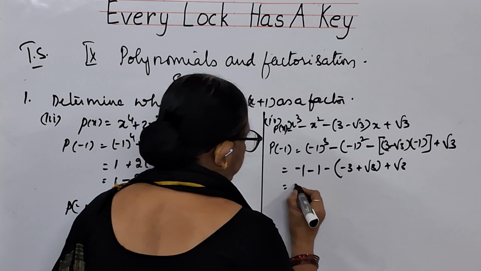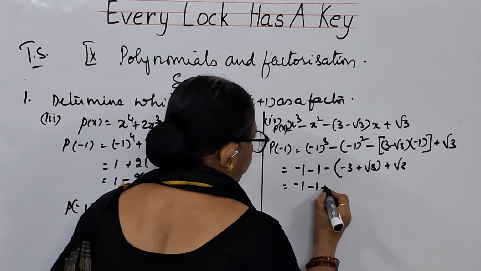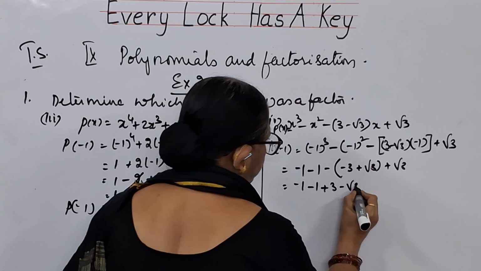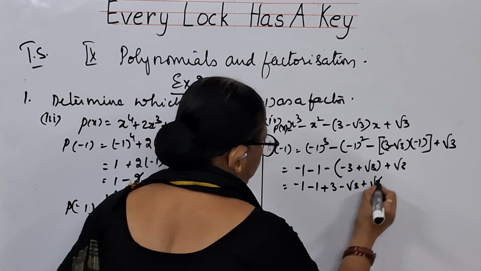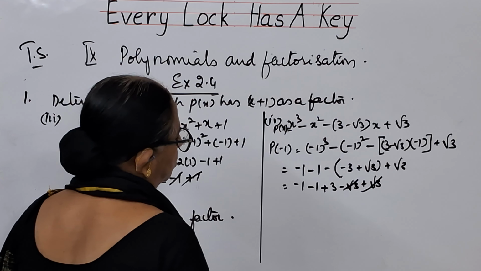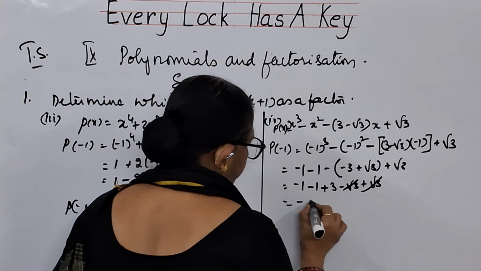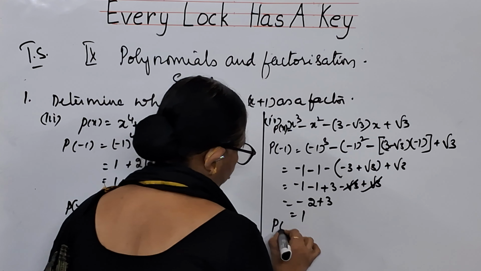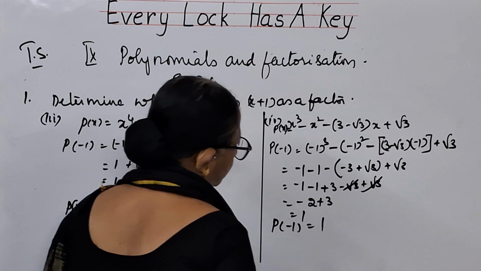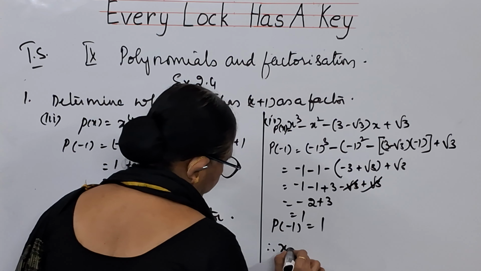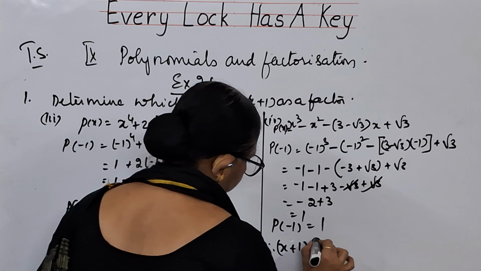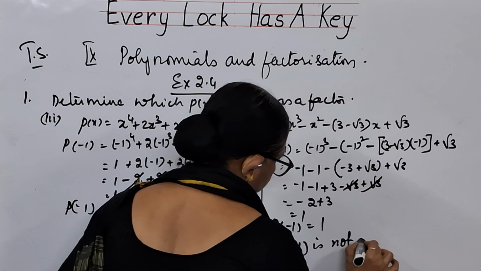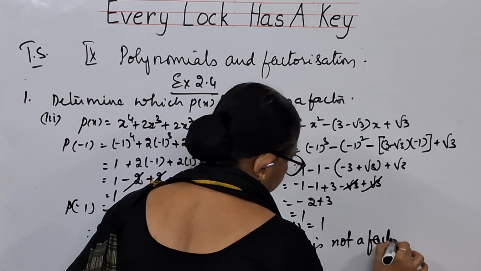Okay, this means minus 1 plus 3 minus root 3 plus root 3. These two will get cancelled. But minus 2 plus 3 is equal to 1. P of minus 1 is equal to 1. Therefore, x plus 1 is not a factor.